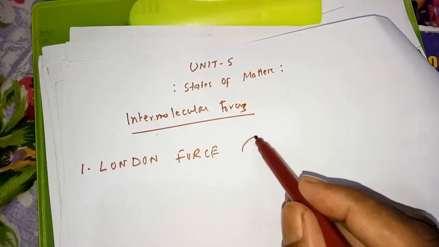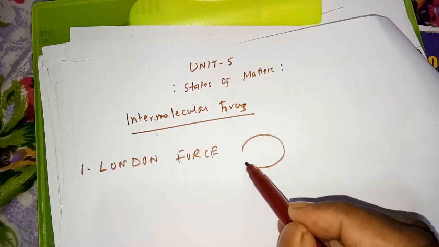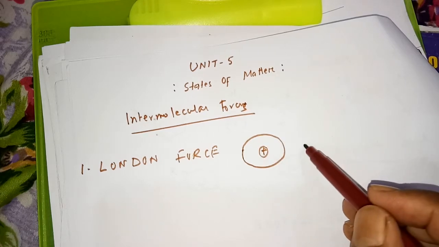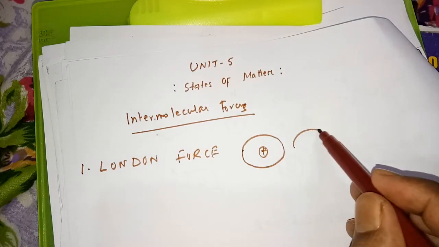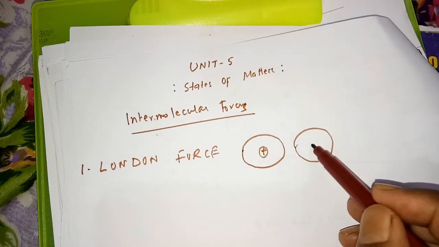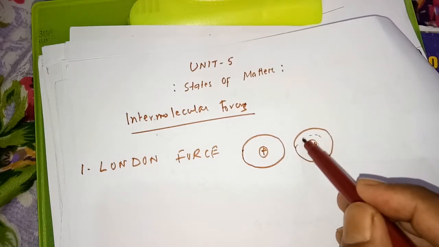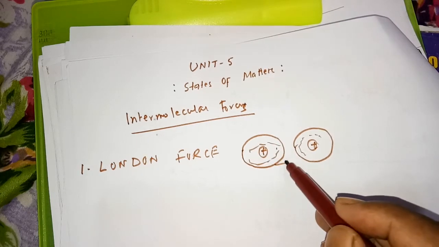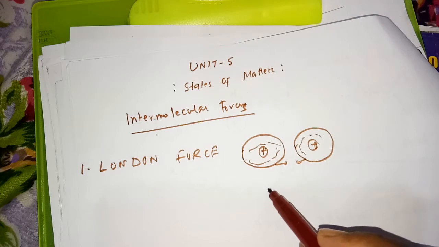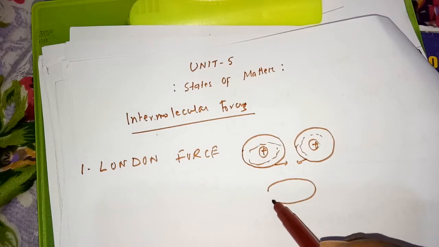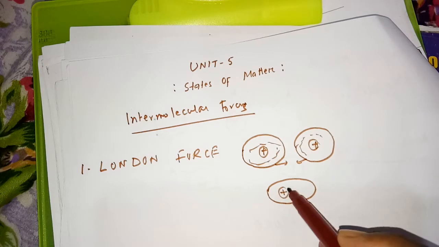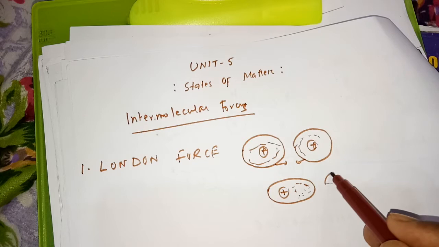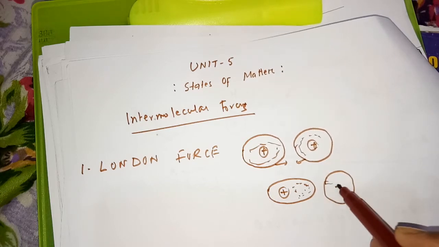Now, if two neutral atoms are there, when they come closer, there are electrons on the neutral atoms. When they come closer to one another, then it may happen that for one atom the electron density shifts more towards the right and this one remains neutral.